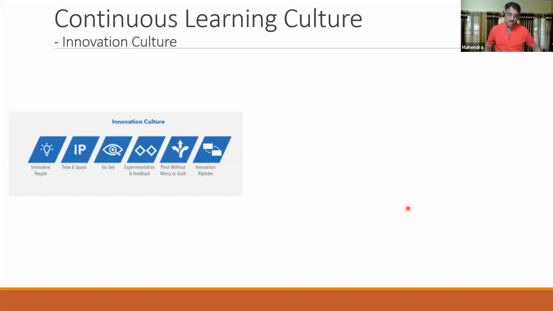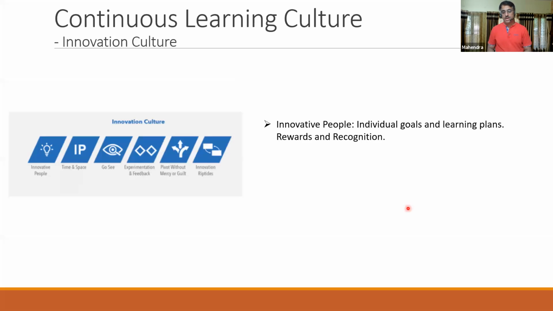And innovation is a cornerstone. Innovation culture is paramount. So we'll have to see how, whether it is the individual goals or the learning plans that we have, the rewards and recognition, all should encourage innovation. When you say learning plans, I've seen organizations wherein a calendar invite is sent for 1 hour per week as a learning hour.